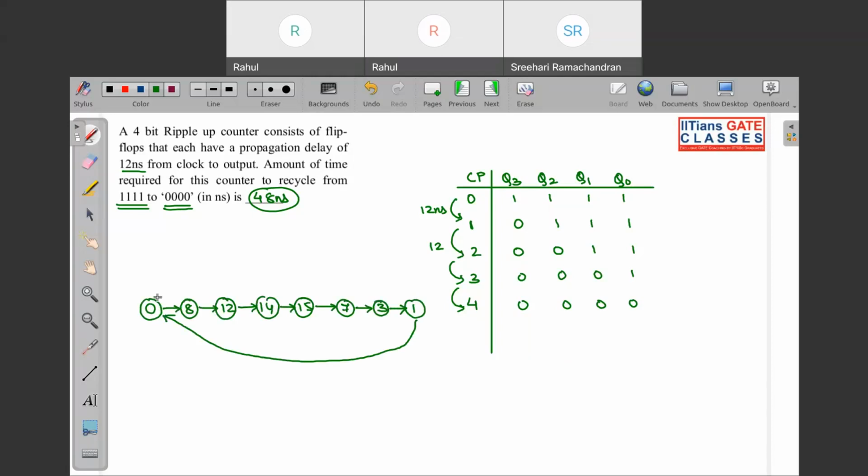So up to this point, you can see it is increasing. After 15, it will be 7, then 3, then 1, then 0. From here to here, it is decreasing.